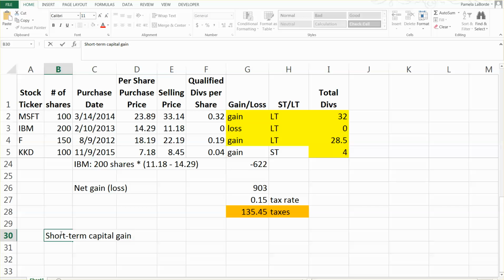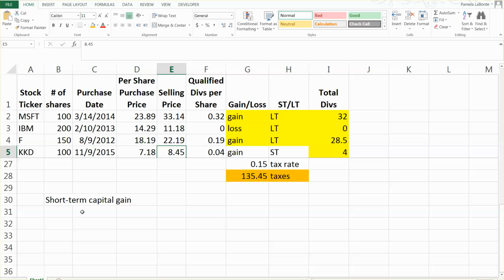or loss. In this case, it's a gain, and it resulted from buying Krispy Kreme on the 9th of November of this year and selling it a day later for more than I paid. I owned 100 shares, and I need to calculate the gain.